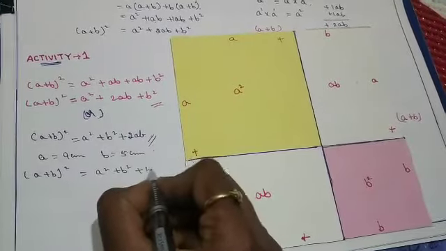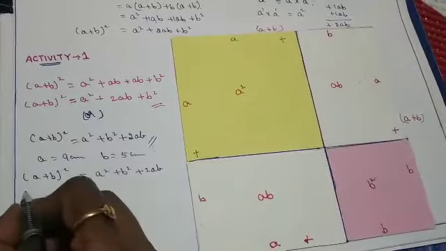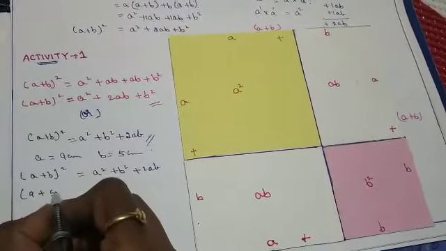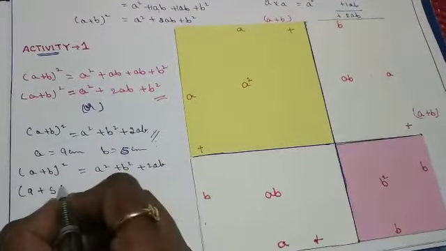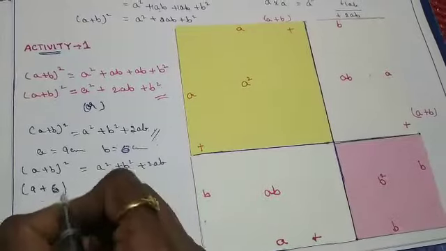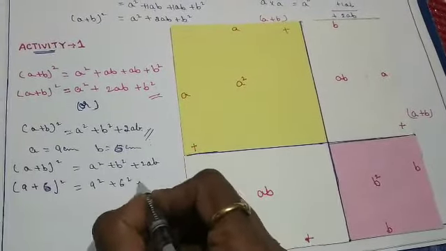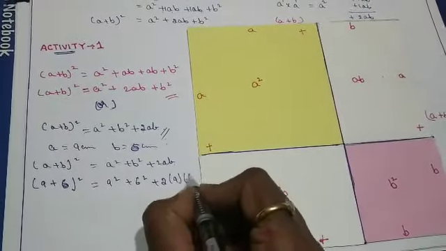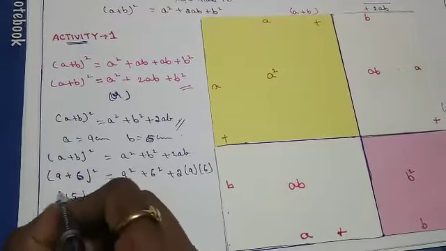So (9 plus 6) whole square equal to 9 square plus 6 square plus 2 into 9 into 6. 9 plus 6 is nothing but 15 square.